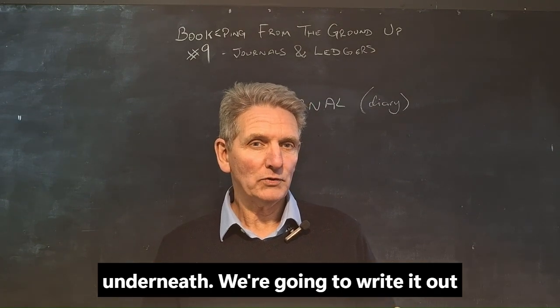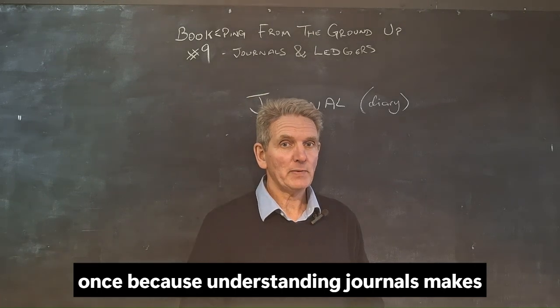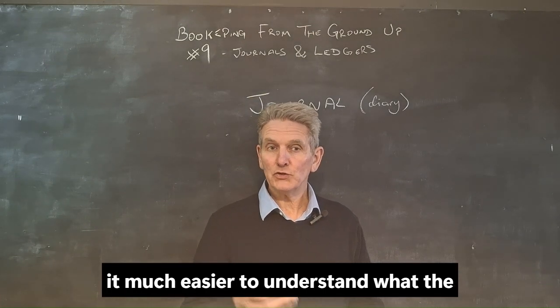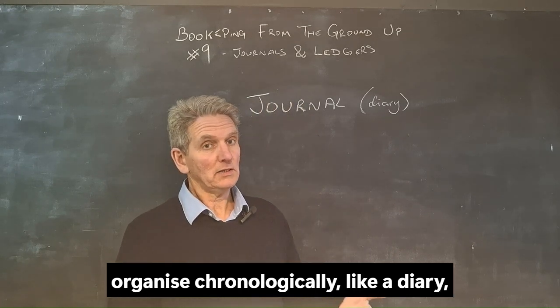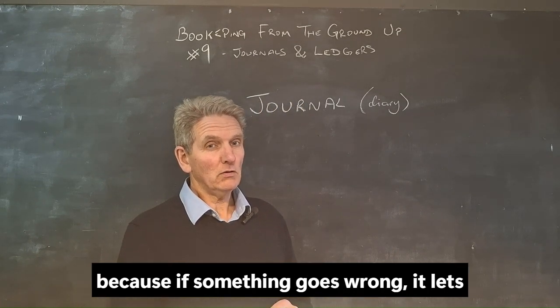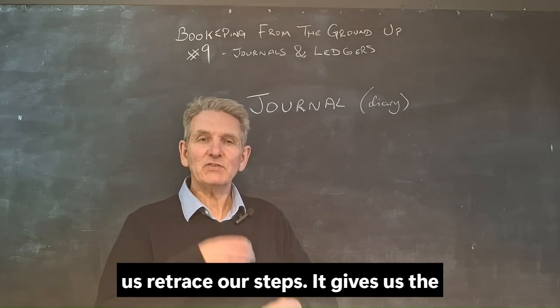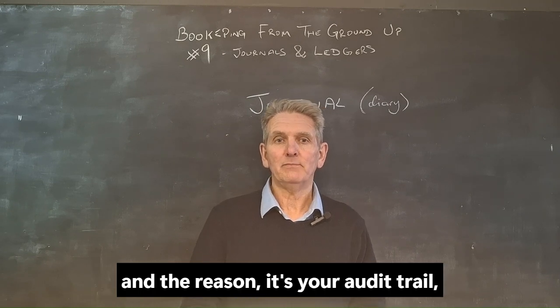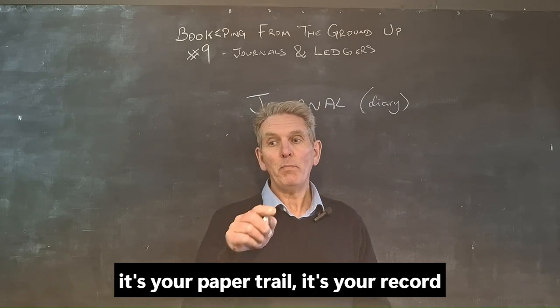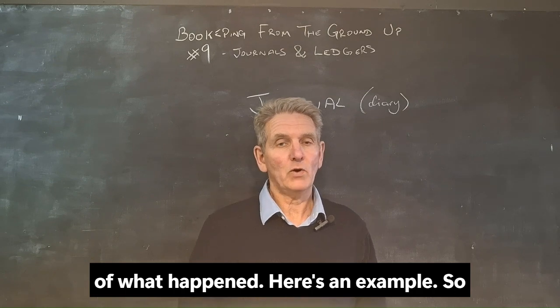We're going to write it out once, because understanding journals makes it much easier to understand what the software is doing. The journal is organised chronologically, like a diary, because if something goes wrong, it lets us retrace our steps. It gives us the date, the accounts affected, the amounts, and the reason. It's your audit trail, it's your paper trail, it's your record of what happened.